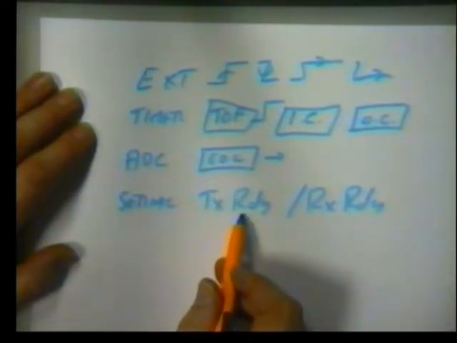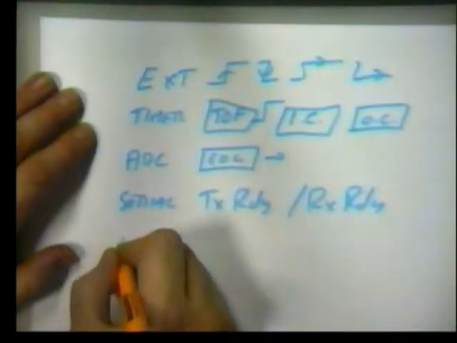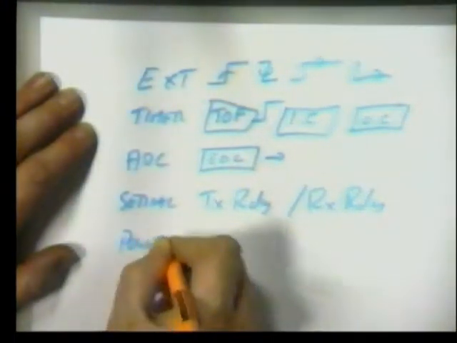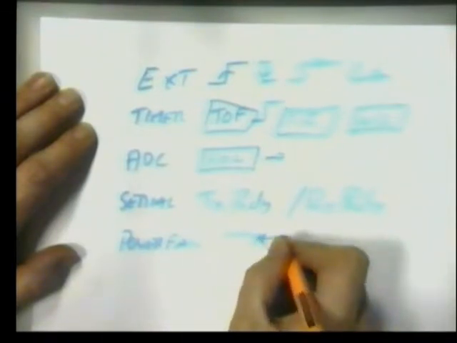TX ready tells us the transmitter buffer is free and we can now transmit something. Power fail. As the power supply starts drooping, we get an interrupt, and that tells us we have, say, 10 to 100 milliseconds left to do something, so we can switch things off, make them safe, sort them out. There's a whole host of them.